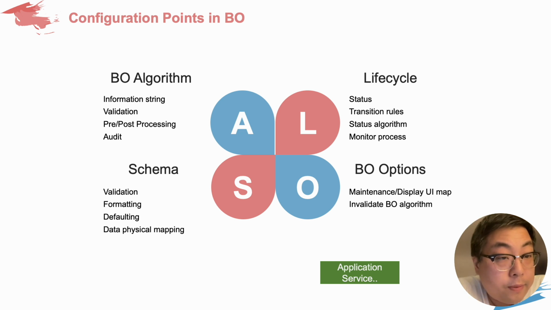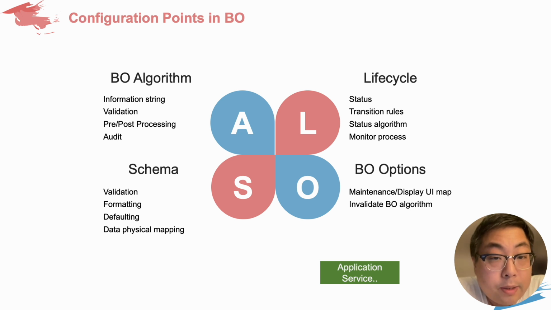And then you have schema, where you can define the schema, map the fields, map the business elements into the table fields with the help of validation, formatting, defaults, and also, as we just said, the physical mappings.